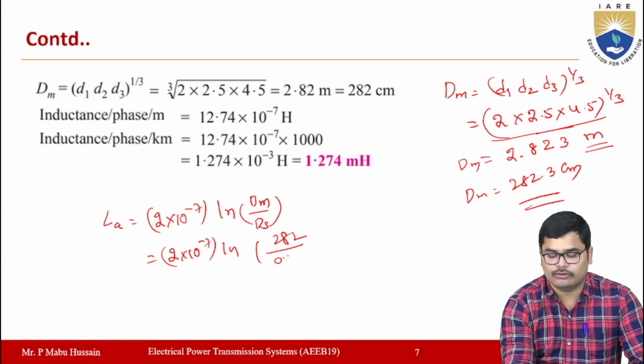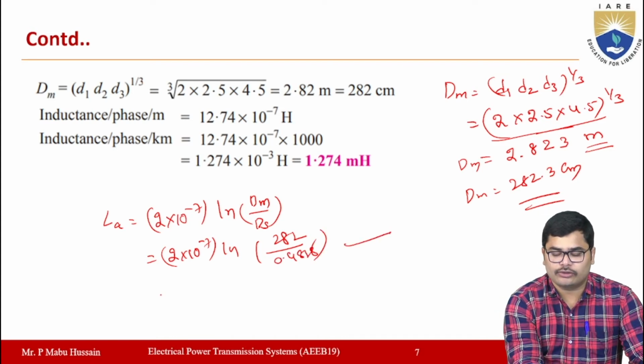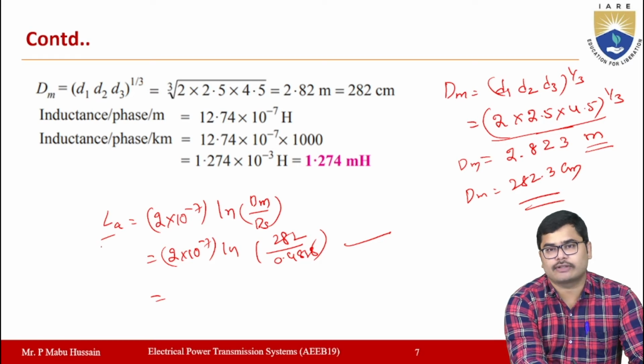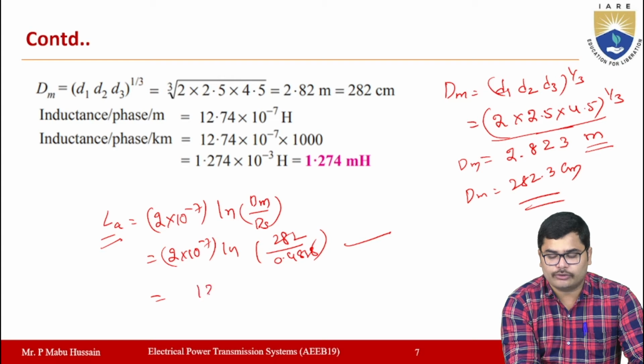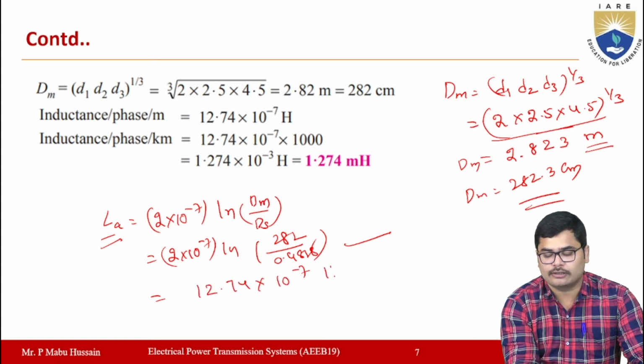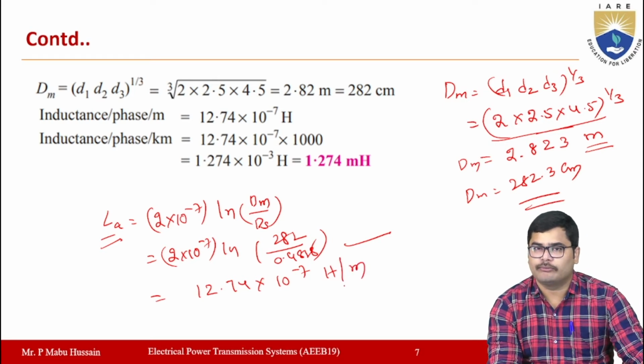Right. So now if you calculate this value, you will get the inductance per phase, which is equal to 12.74 into 10 to the power of minus 7 henries. This value is for 1 meter. Okay, henries per meter here.